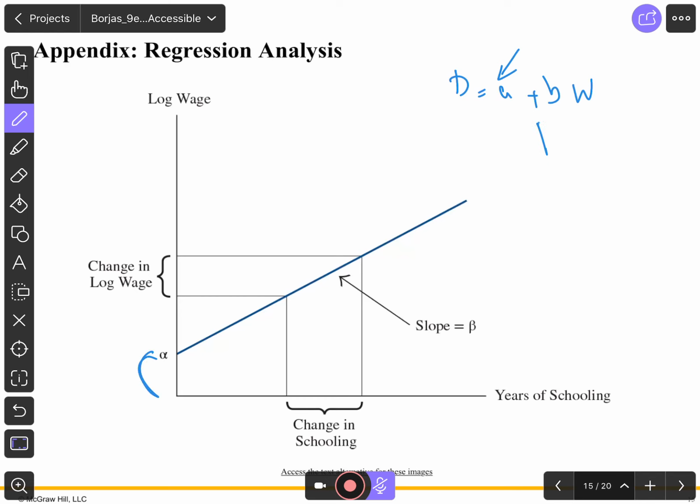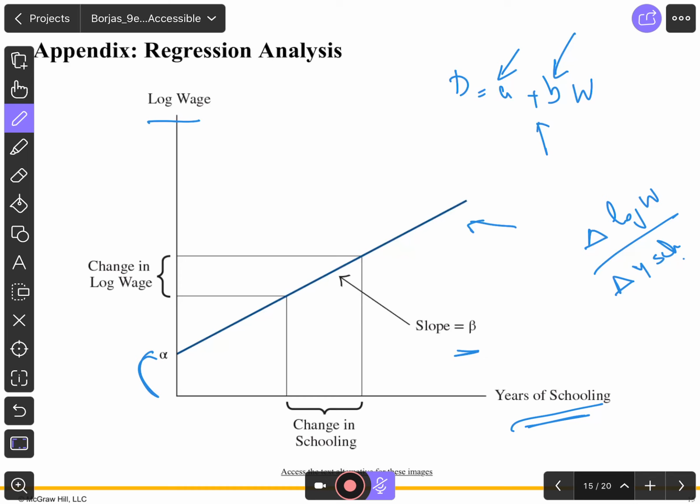This line shows a positive slope, and B here is the slope itself, or the beta, which is the change in log wage due to the change in years of schooling. So the more educated the person is, the higher the percentage change in wage.